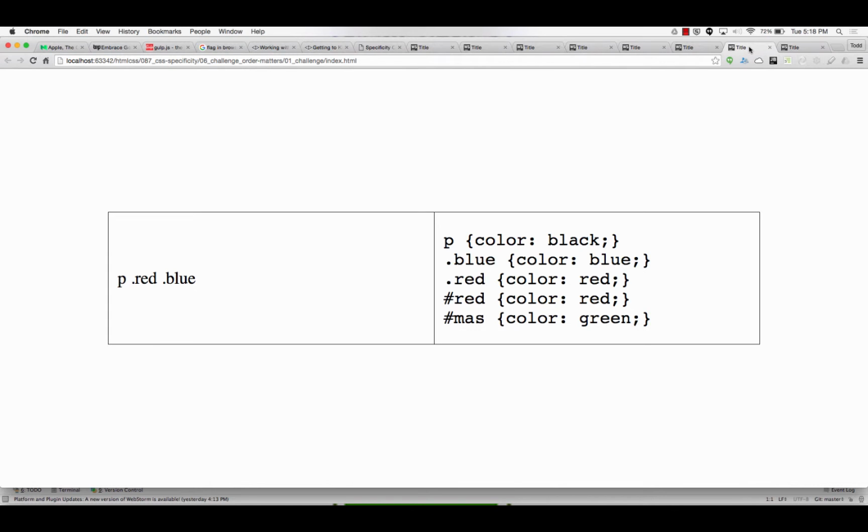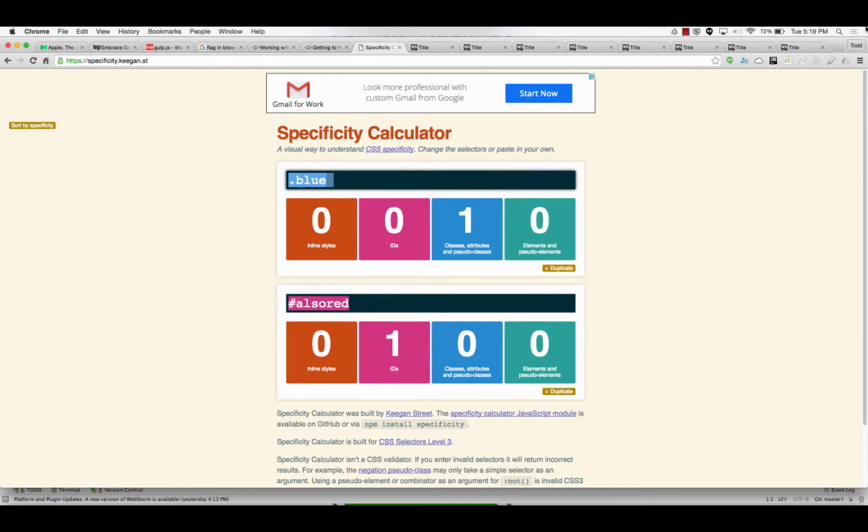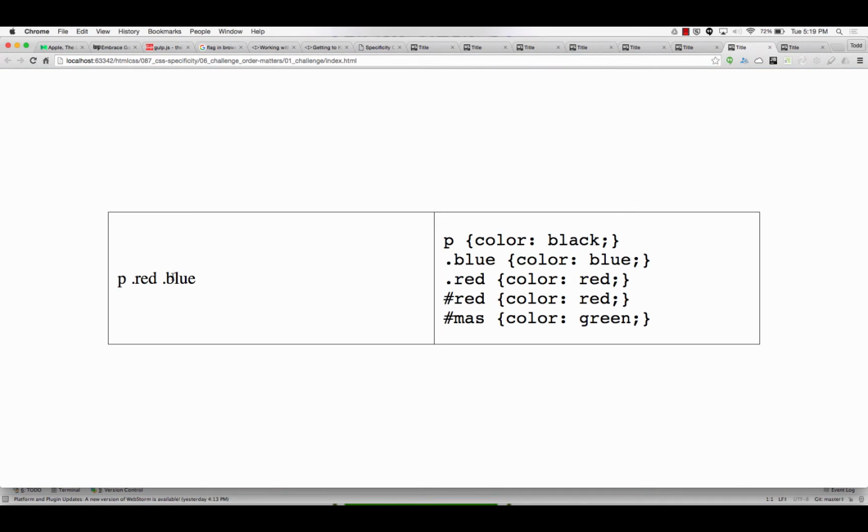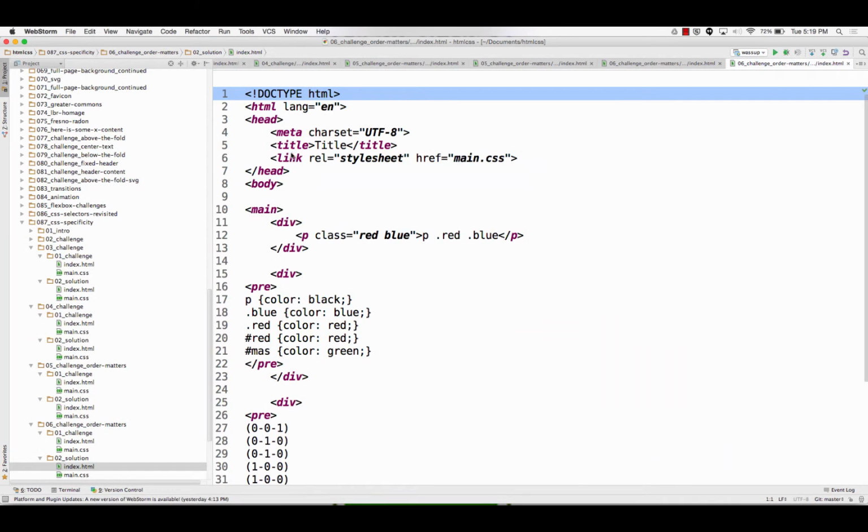So their specificity would be 0, 0, 1, 0. And when they have the same specificity, then what matters is the order in which they've been applied in the style sheet, not the order in which they've been applied over in the HTML. Sorry, that's the same little trick as before, but I want to make sure we're getting it.